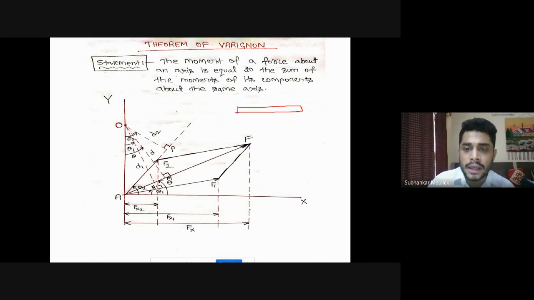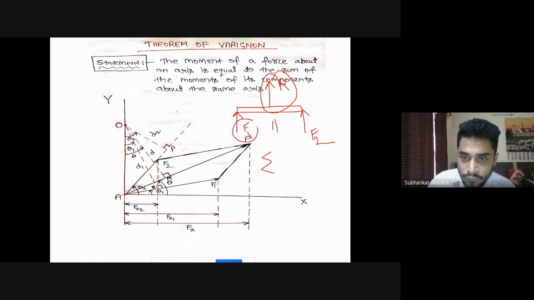On this body, say this force acting at the end is F1, another force acting at the second end point of the body in positive y direction is F2, and the resultant of F1 and F2 is, say, R. Then, according to this theorem, the moment produced by the resultant will be equal to the summation of the moment produced by force F1 as well as the moment produced by force F2 at any particular point in the body. That point will vary from problem to problem.